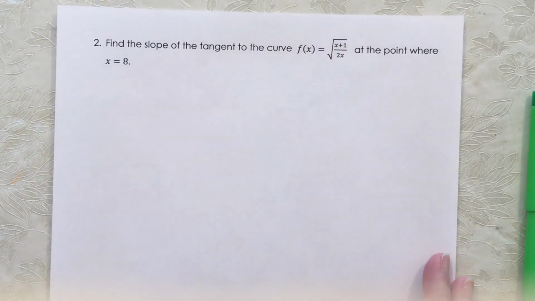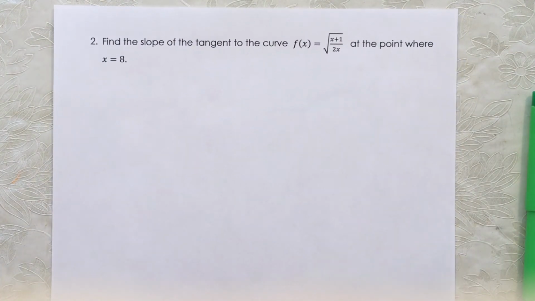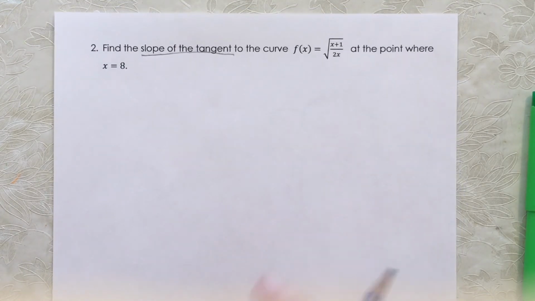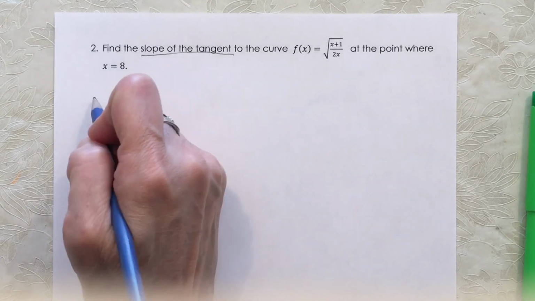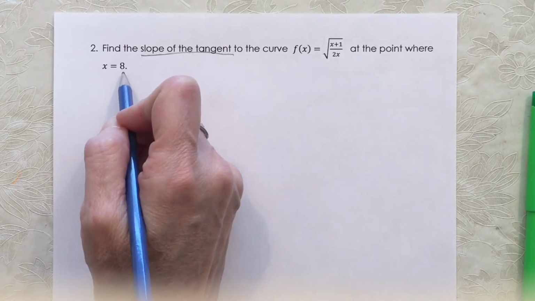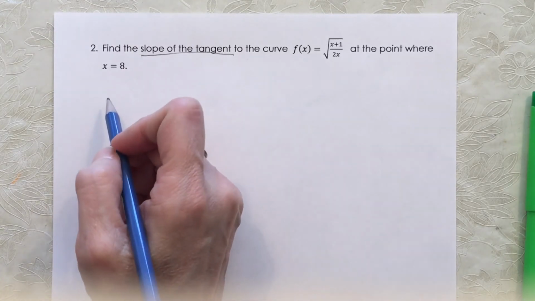And last one for us to try with the warm-up. Find the slope of the tangent to the curve f at x equals the square root of x plus 1 all over 2x at the point where x is 8. So I don't have to put it in simplified factored form, but I may want to put it in a form that's as easy as possible to sub 8 into.